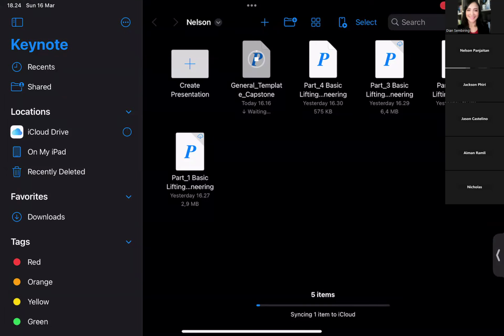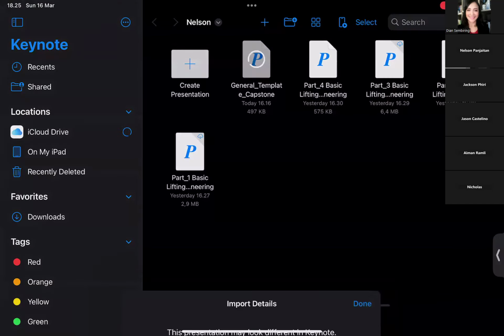Is there any question while we are waiting for this download? I think I have a problem with the internet here. Yeah, sometimes we have a problem with internet connection. So do you have any question?